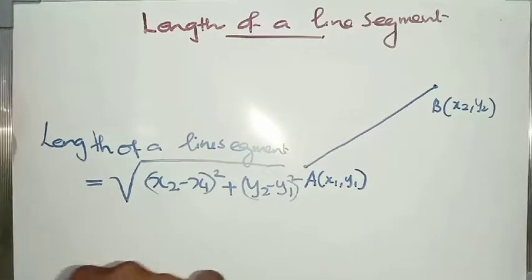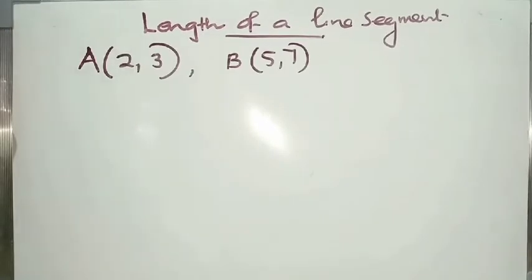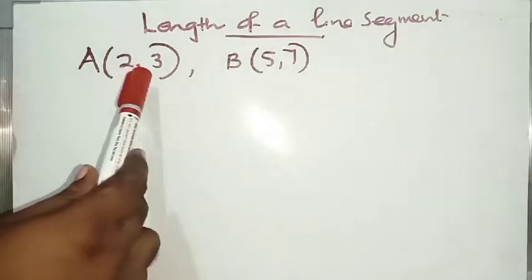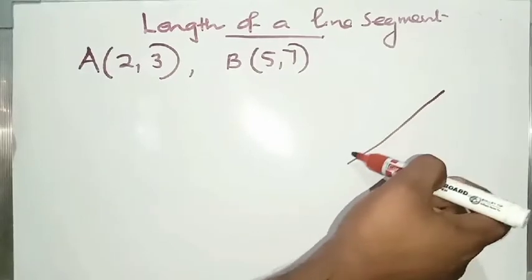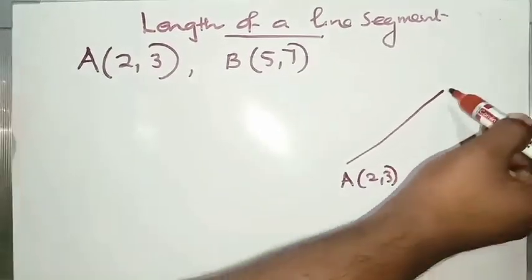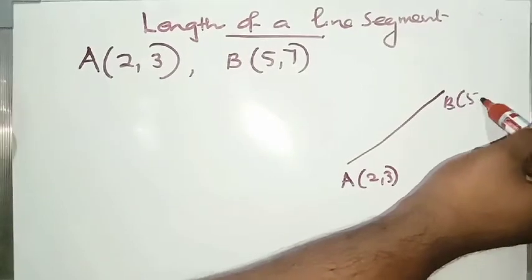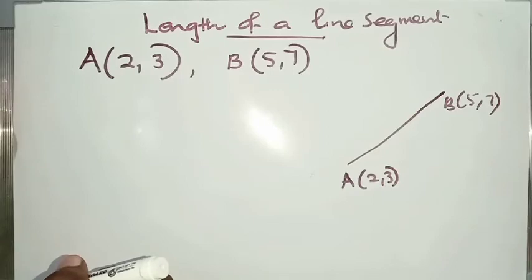Now let us see how to find the answer using this equation. Let us consider a line segment with points A(2, 3) and B(5, 7). We have to find the length of this line segment.